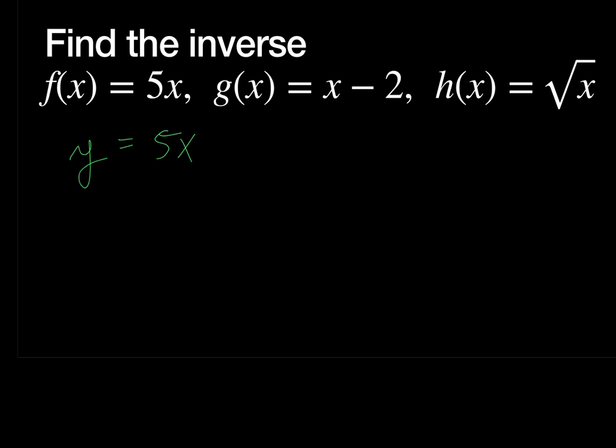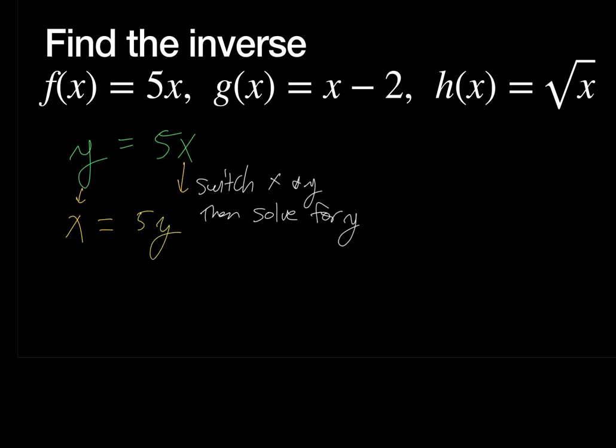To find the inverse, I'm going to switch the x and y, then solve for y. So where the y is, I replace it with x, and where the x is, I replace it with y. And then I solve for y.